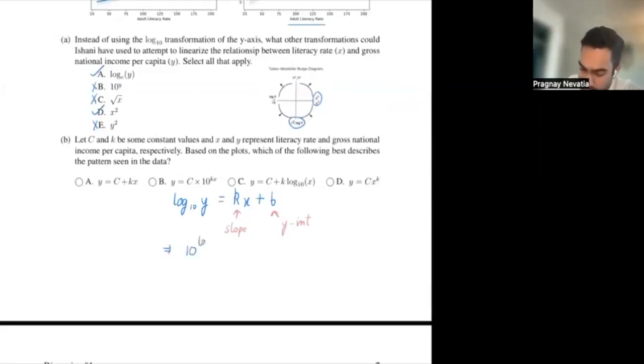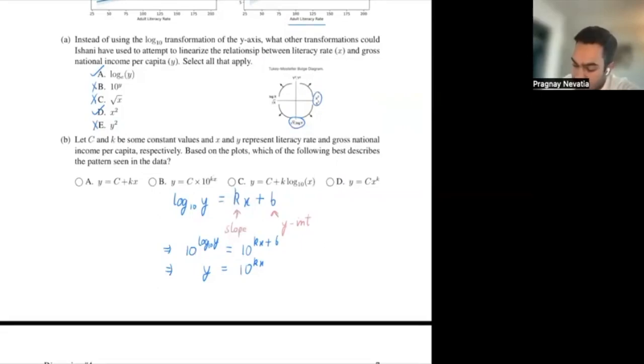So y will be equal to 10 to the kx plus b. The left-hand side just evaluates to y, because 10 to the log base 10 of something gives you the same thing that is in the log.